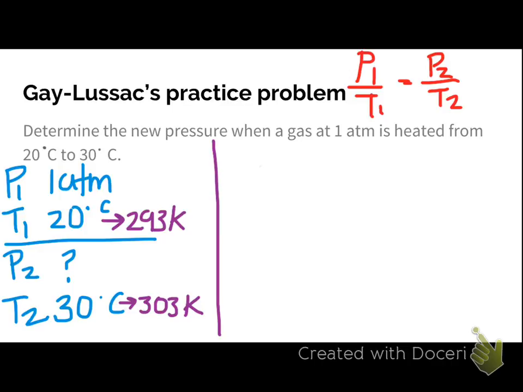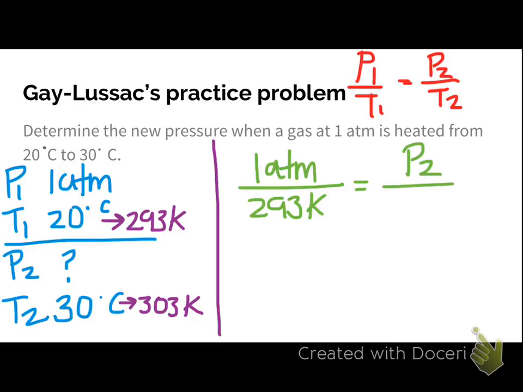My P1 is 1 atm. My T1 is 293 K. My P2 is unknown. And my T2 is 303. Okay, that should say 303, not 330.